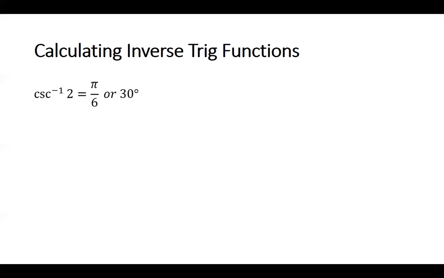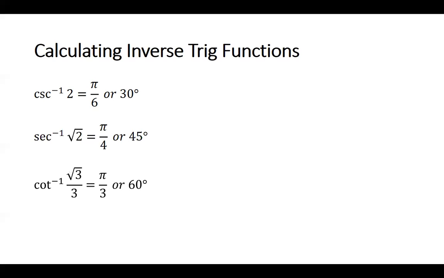So back to our standard angles, if we have the inverse cosecant of -2, then that would be pi over 6 or 30 degrees. And again, you can pull that right off of the unit circle. If you have the inverse secant of the square root of 2, then that would be pi over 4 or 45 degrees.